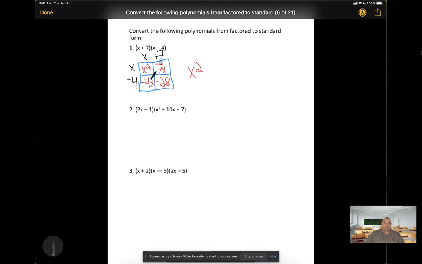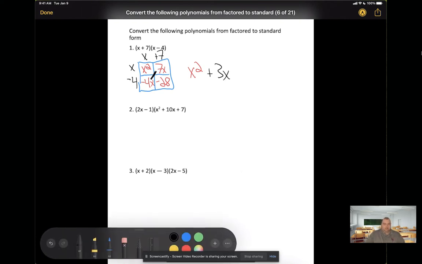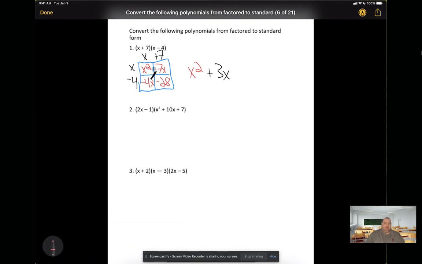So this particular diagonal here, I have 7x and a negative 4x. A 7x and a negative 4x combines to a positive 3x. So I have x squared, then I combine the like terms and I end up with positive 3x and then minus 28. If I put all that together, I end up with my answer. So my answer is x squared plus 3x minus 28.